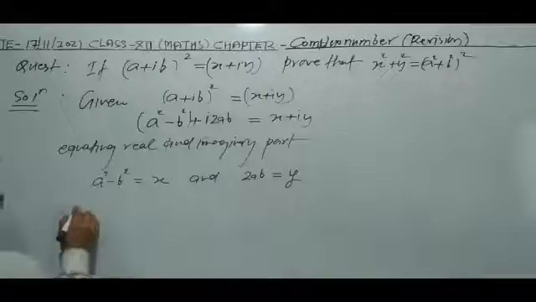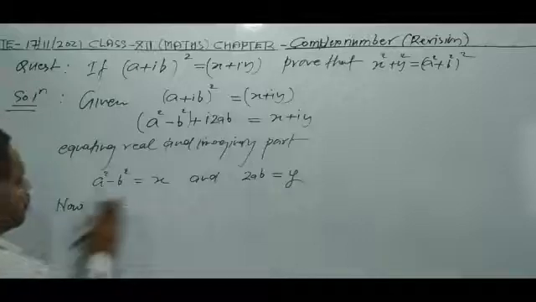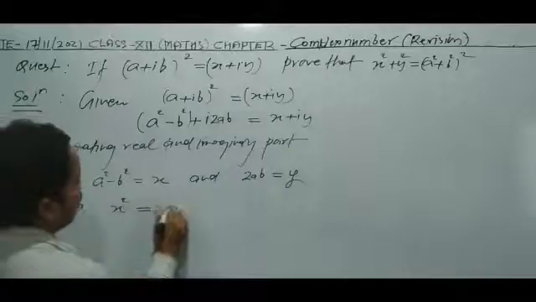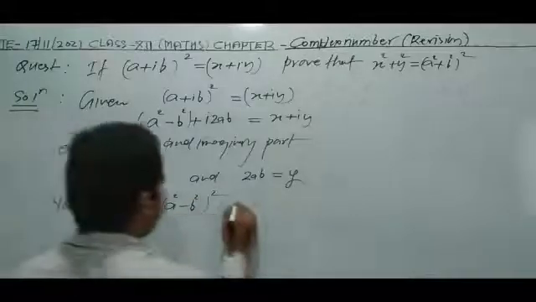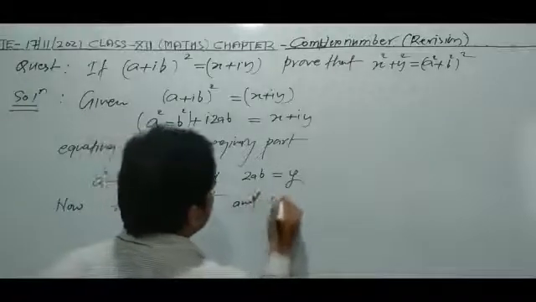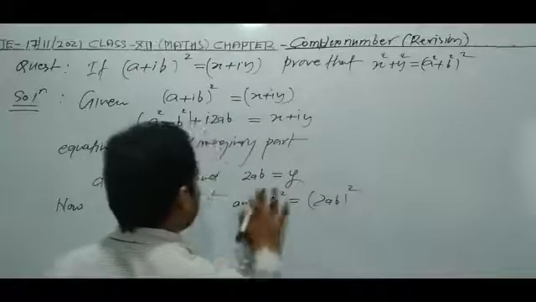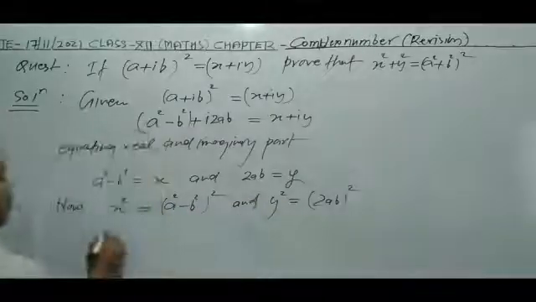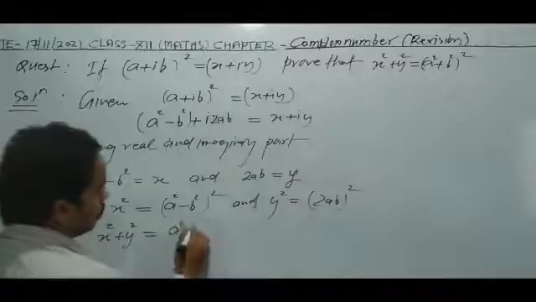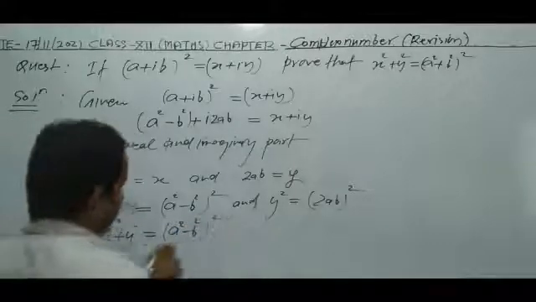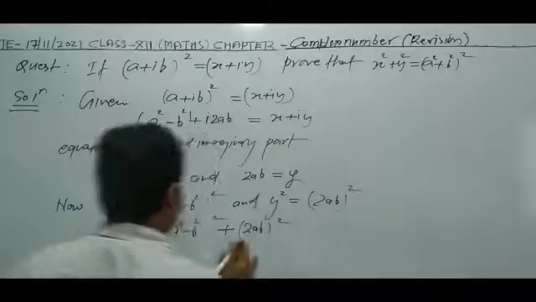Now x square we can write as a square minus b square whole square, and y square we can write as 2ab whole square. So x square plus y square is equal to a square minus b square whole square plus 2ab whole square.